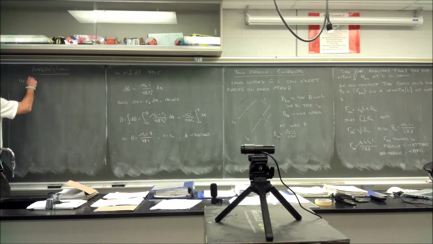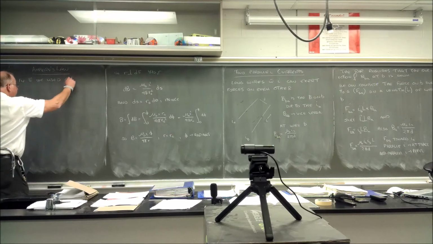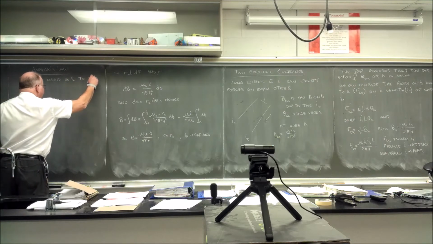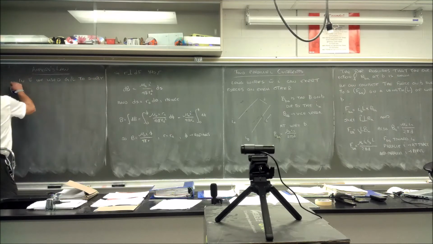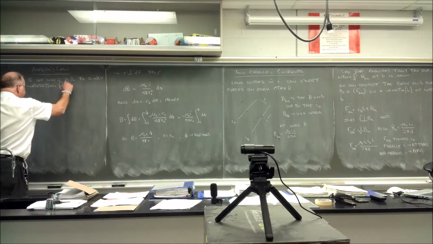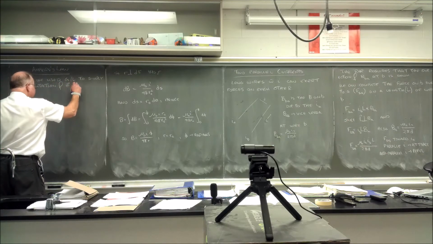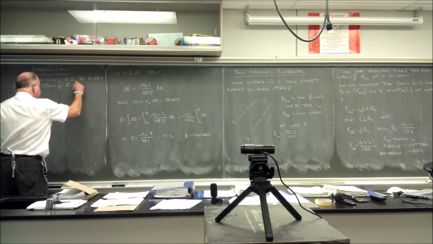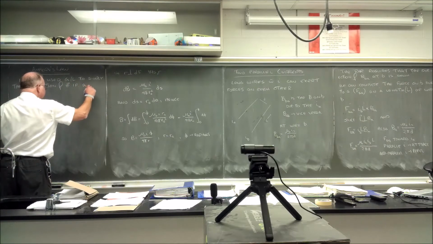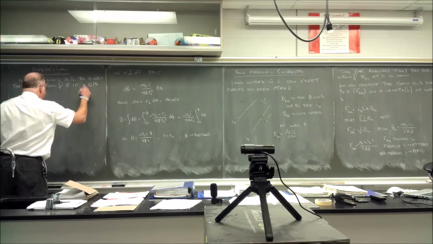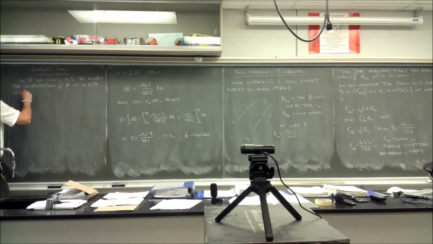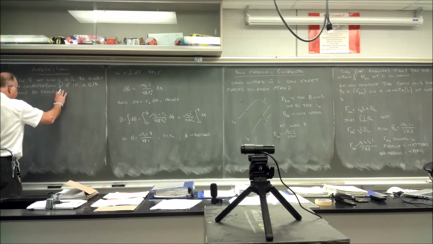In electric fields, we used Gauss's law to simplify the computation of electric fields if a Gaussian surface could be found whose geometry was known.